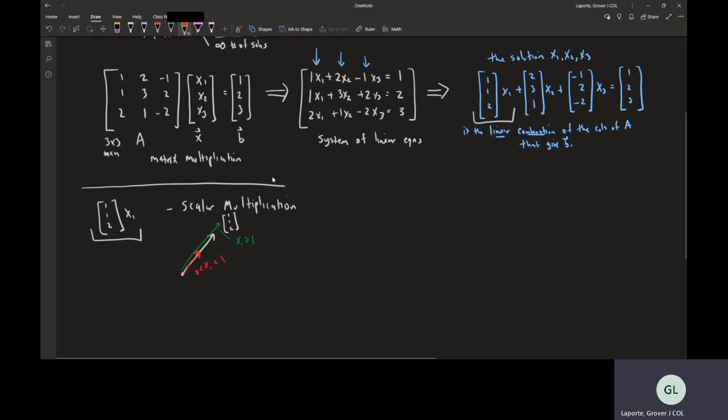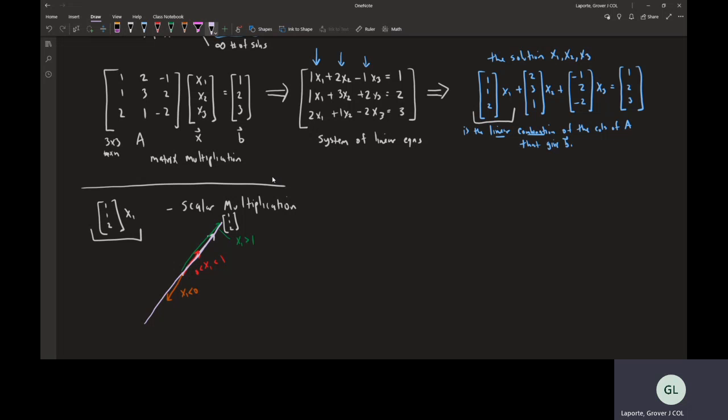If we use a number that's less than 0, so x1 is less than 0, then we're still on the same line, so it's parallel. All these vectors are parallel. You're just pointing in the opposite direction from the original vector 1, 1, 2.